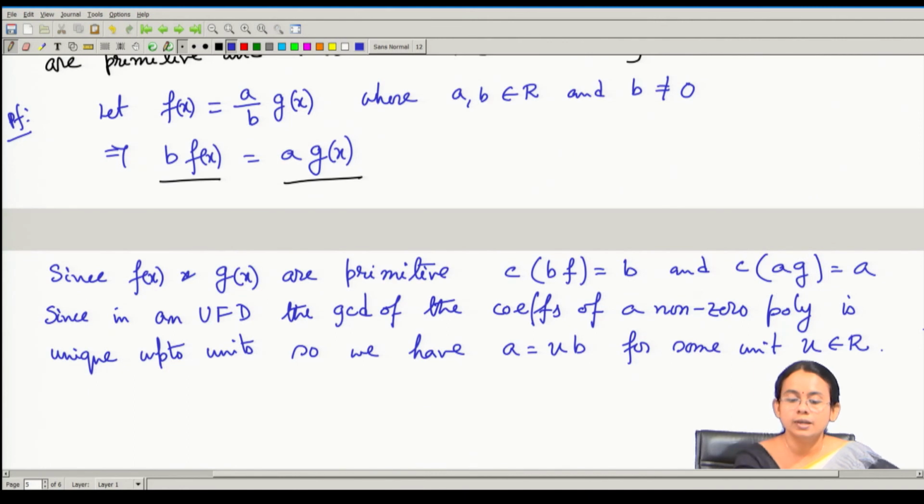Now you can substitute here. What you have is f(x) equal to a/b g(x). Now, a is nothing but u times b.